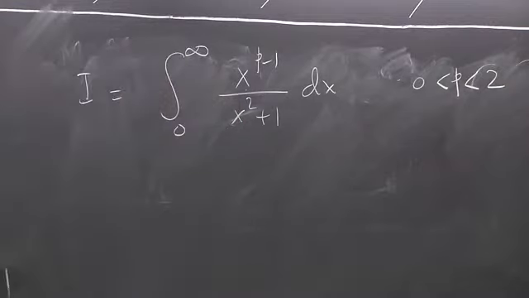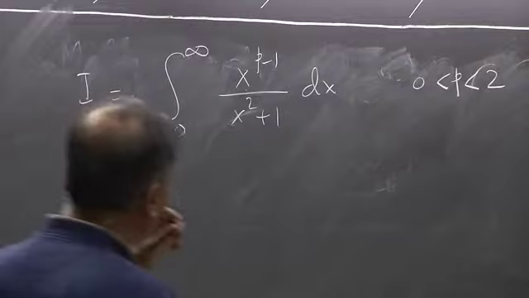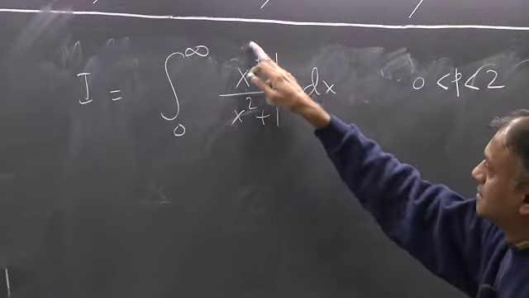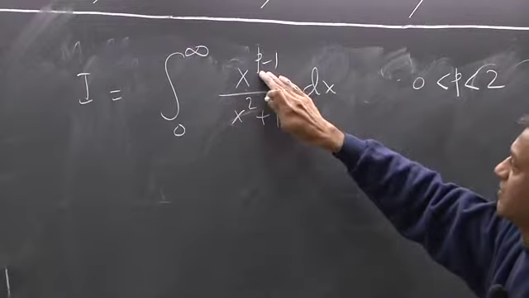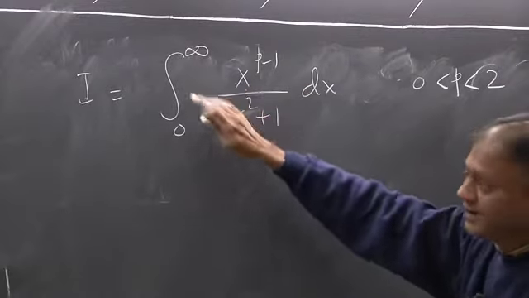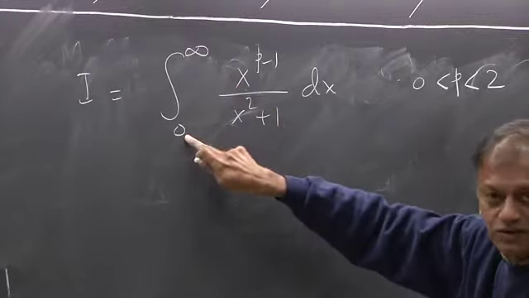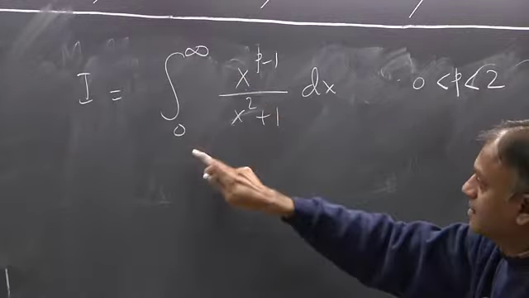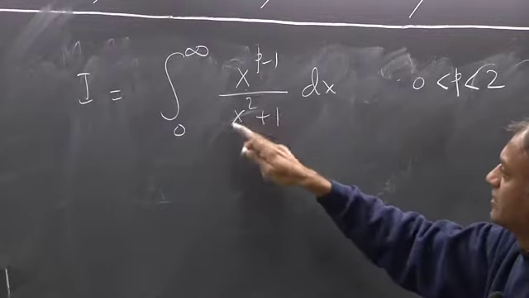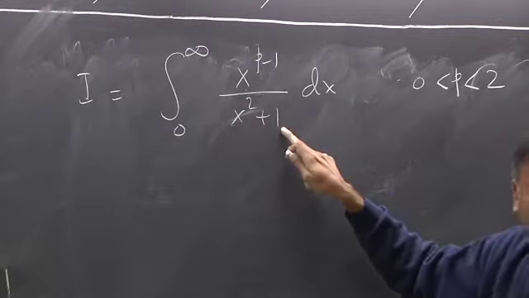Now why this range? You can understand it in the following way. This function is perfectly fine anywhere between 0 and infinity, except that the problem could happen at 0 or infinity. Near x equal to 0, you can forget this x square, because x square is very small compared to 1.